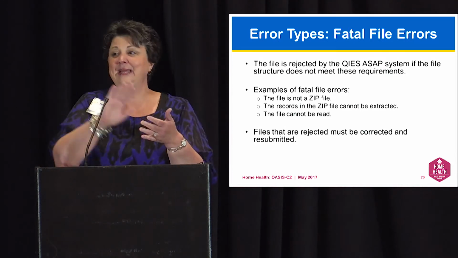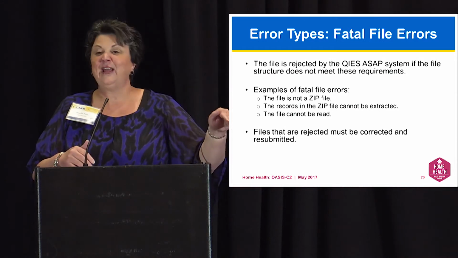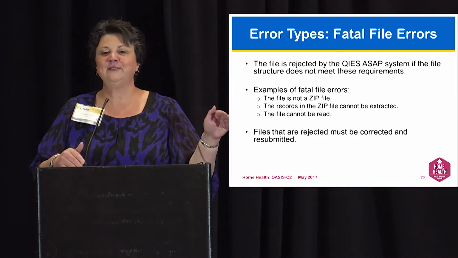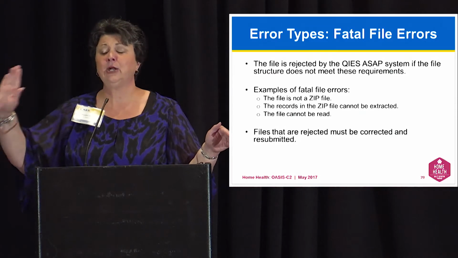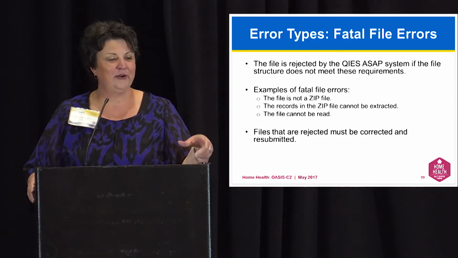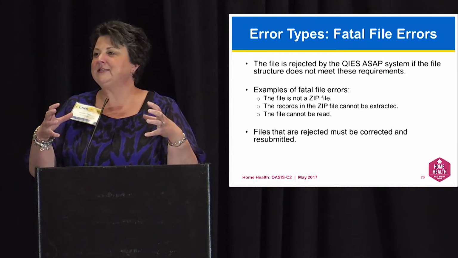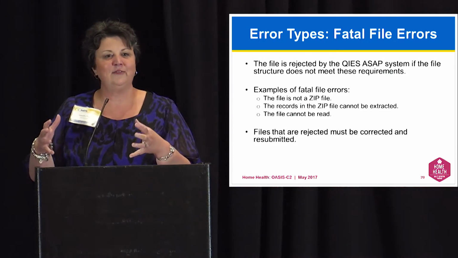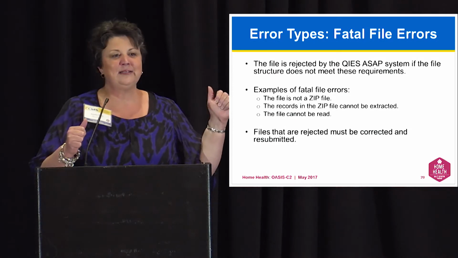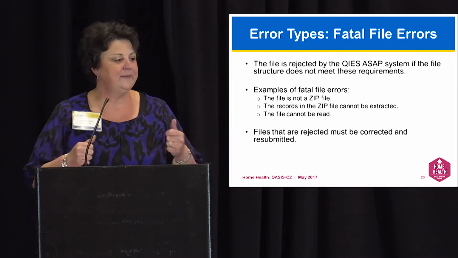That's my analogy for these fatal file errors. If that big old manila envelope didn't make it at all to the other department, that's when you're going to get this file error. If the file didn't make it, if the envelope didn't make it, it's not possible that anything inside of it made it. Does that make sense? Okay.